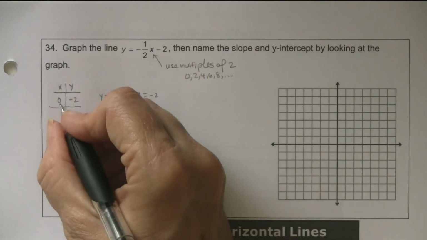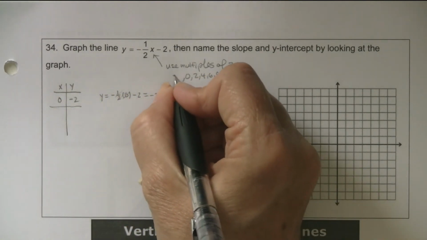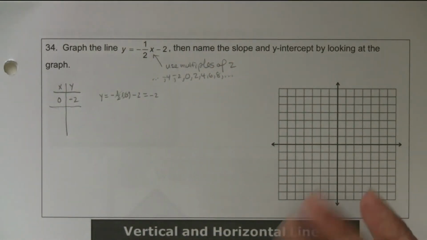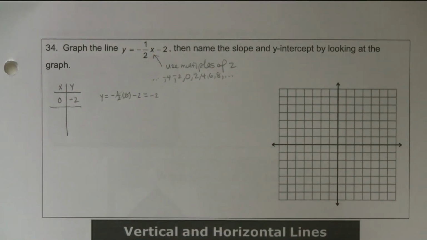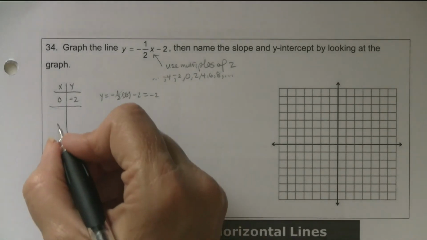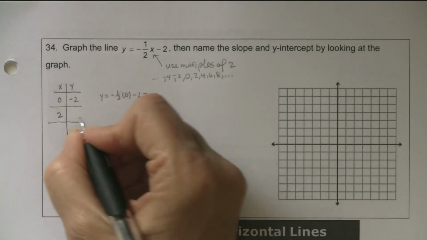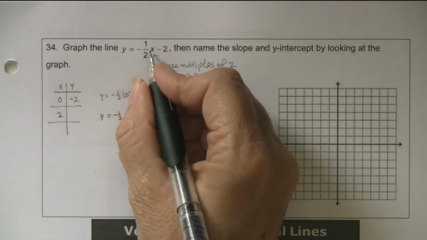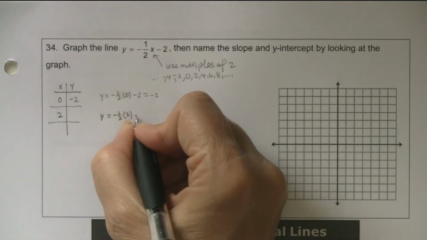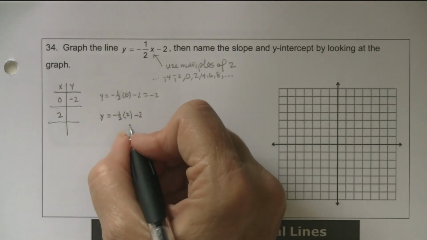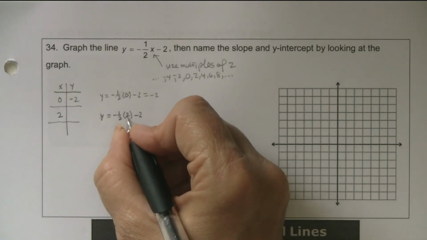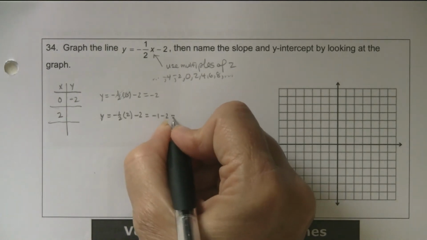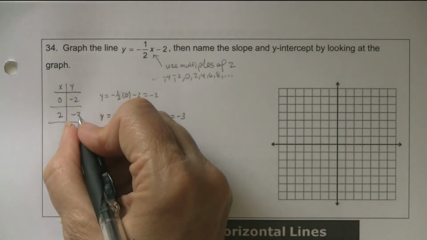Also 0, which I've already used, it's my favorite point, and negative 2 and negative 4, etc. I'd like to stay on my grid over there, so probably the next point to choose would be 2, because it's small, positive, lovely. So we get y equals negative 1/2, and in for x, in parentheses, I'm going to put 2, minus 2, and do the arithmetic there. When I do, the 2's cancel out and give me negative 1 minus 2, which is negative 3. So that's my value for y.